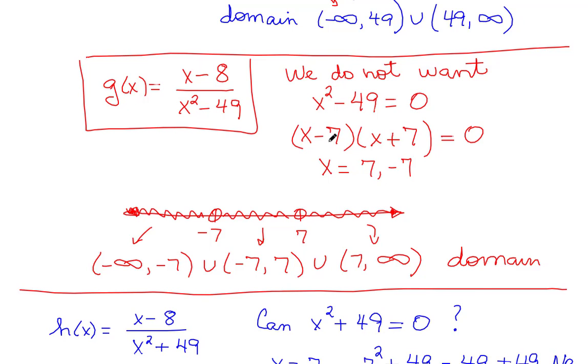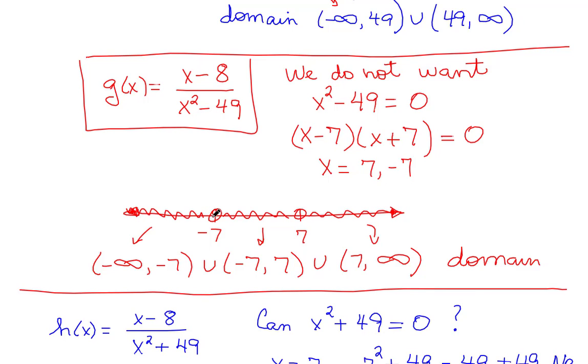So if I set each one to 0, that would say 7 and negative 7. So I don't want those values as an input, because if I used them, I would make a 0 in the denominator, which would make the whole function undefined.